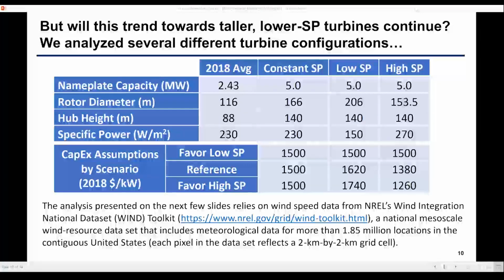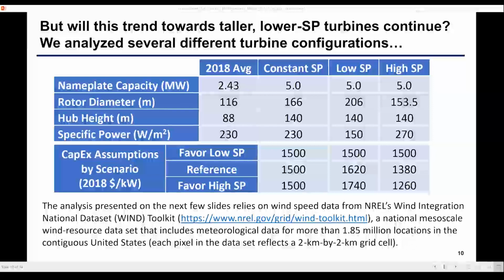With those 3 turbines in hand, we wanted to keep some of the variables constant, so the hub heights for those 5 megawatt machines are all 140 meters. Then we applied a set of Capex scenarios to those turbines, which we'll get into further along, but for the sake of setting the stage, we had those 3 Capex scenarios shown on the lower portion of the slide.